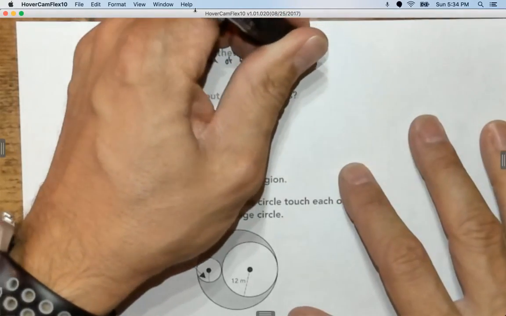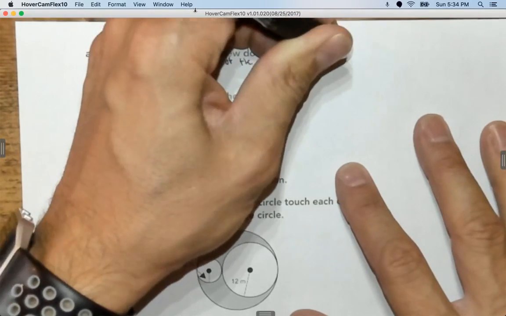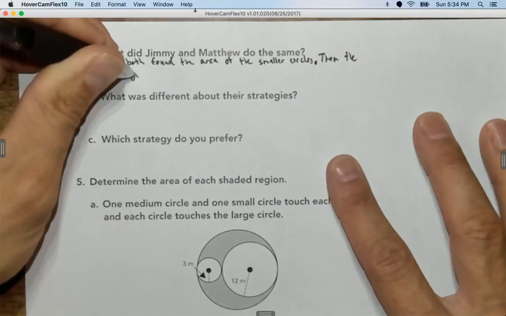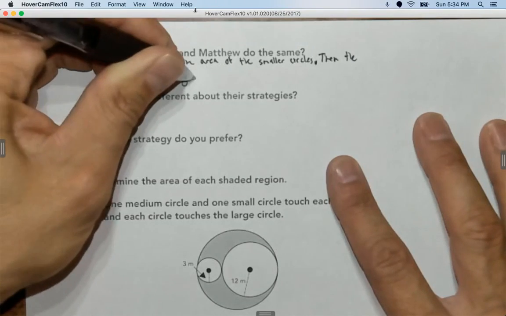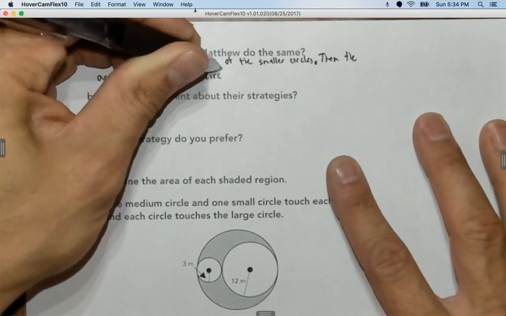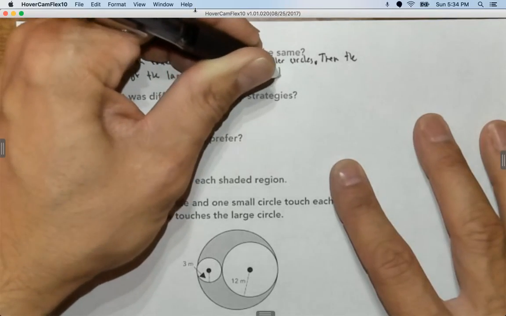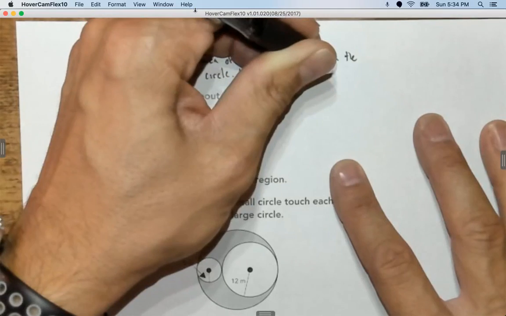Then the area of the larger circle. And last, both found the difference.